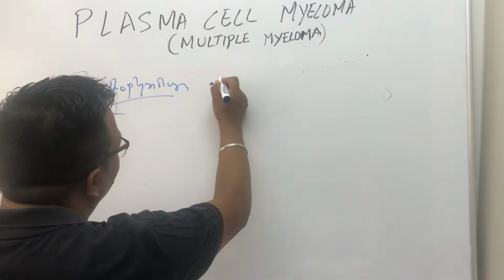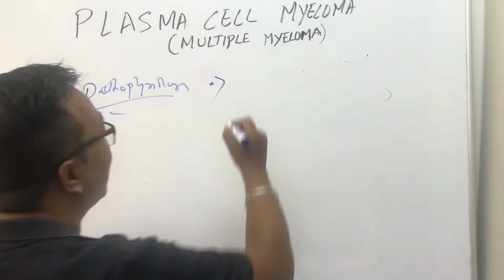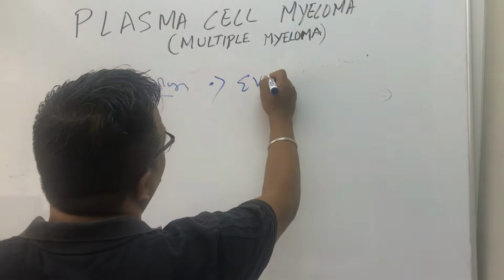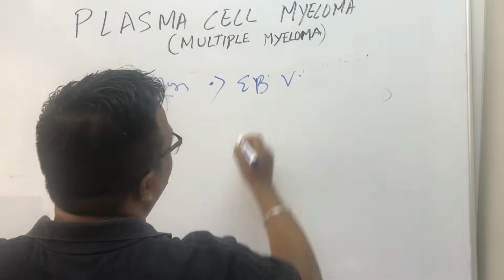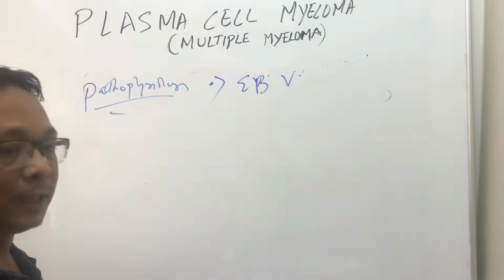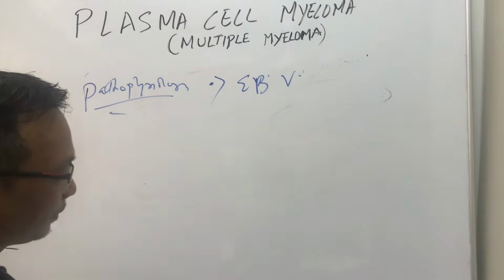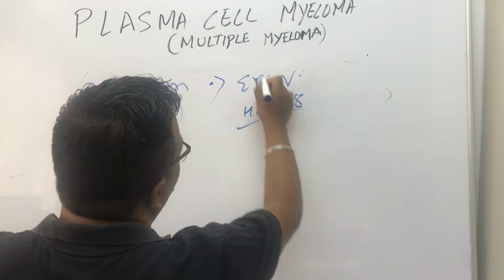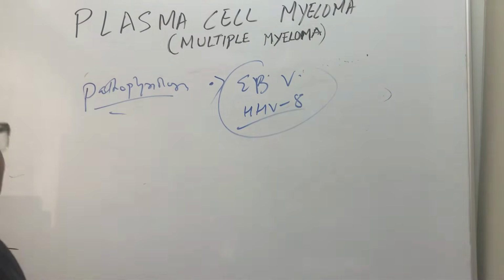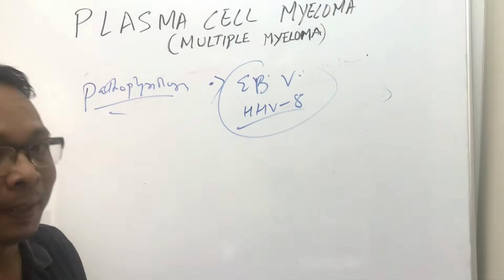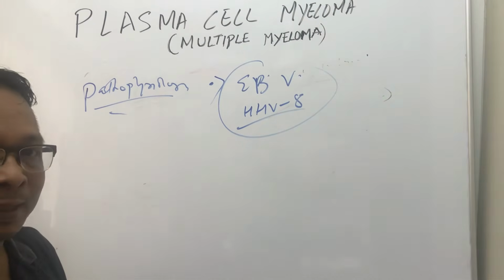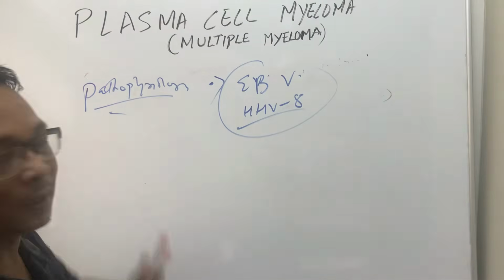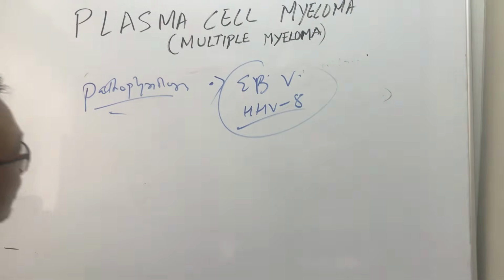But yes, there are relations to infections like Epstein-Barr virus, then Kaposi sarcoma virus, human herpes virus 8. Sometimes they go in parallel, but there is no particular evidence that this can cause plasma cell myeloma or multiple myeloma.